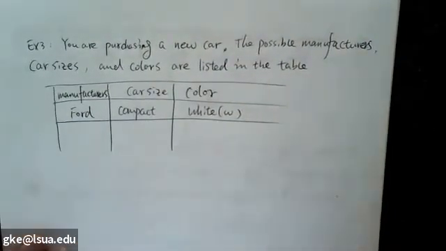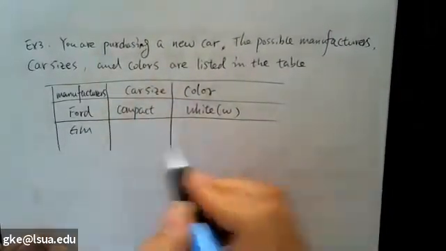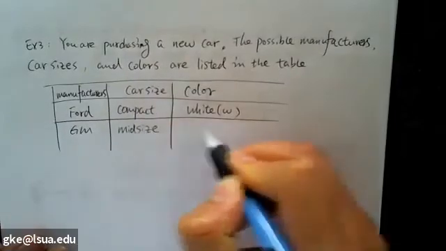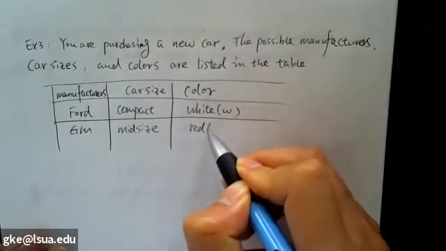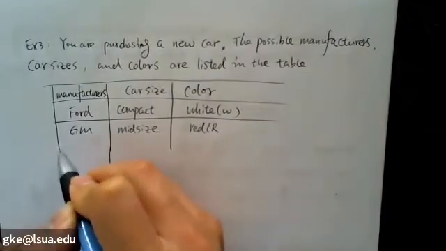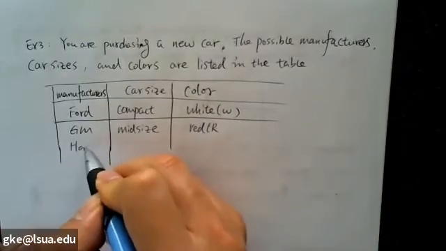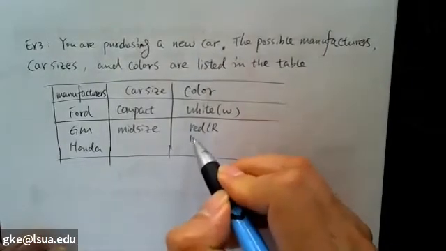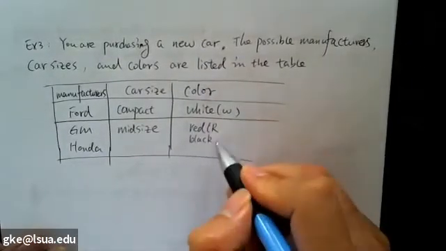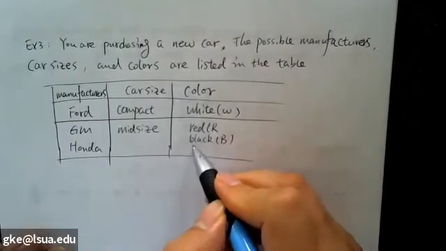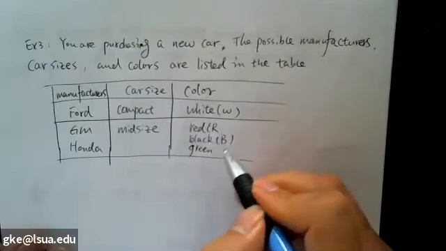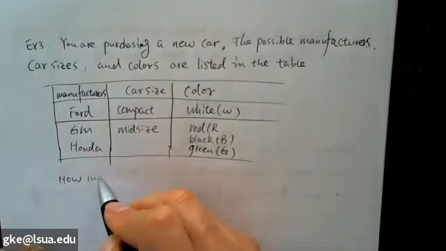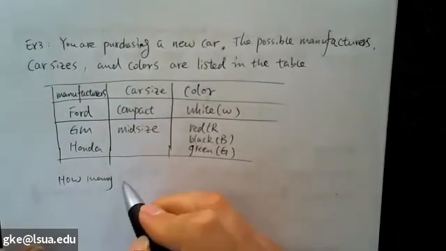And the second scenario, GM, middle size, red, Honda. Okay, we can have more: black, B, green, G. Now asking how many ways we can choose, or how many possibilities.